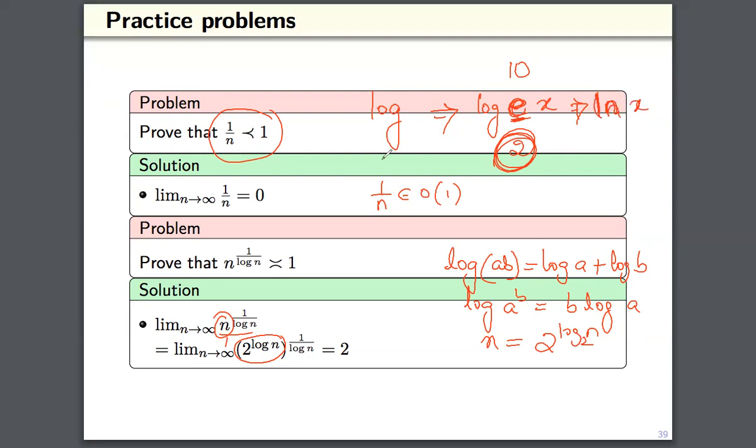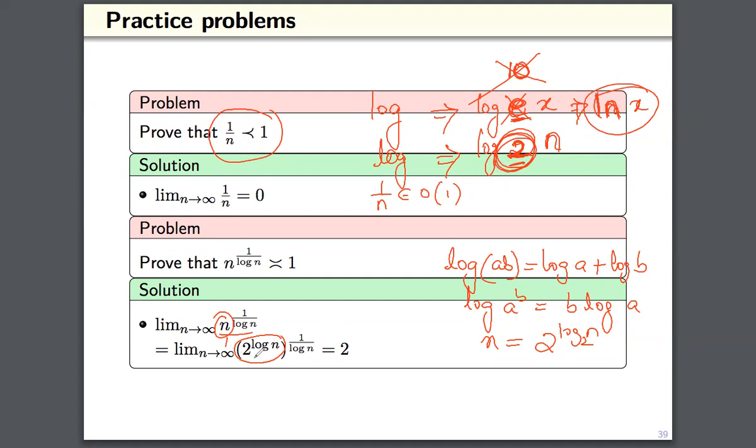In computer science, whenever we write log, we mean log n base 2, because everything is powers of 2: 0, 1, and powers of 2. So when we don't write the base, assume that it is 2 everywhere, unless explicitly mentioned. Mathematics also uses base 10, but here we will not use base 10. We will not use e unless explicitly mentioned as ln. In computer science, base is always 2.